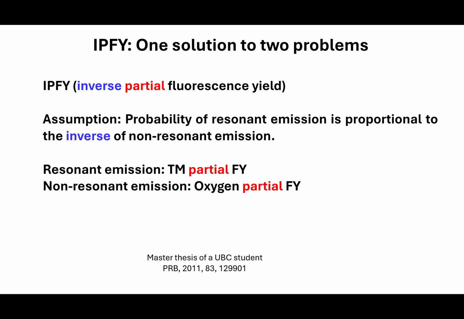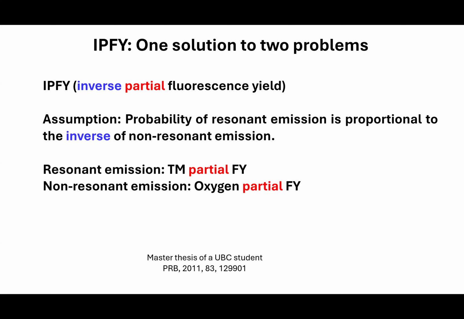I hope we can understand IPFY a little bit. The full understanding requires a gradual process, where we gradually digest all these terminologies related to spectroscopy. But at least we should understand what I and P stand for. I stands for inverse and P stands for partial.